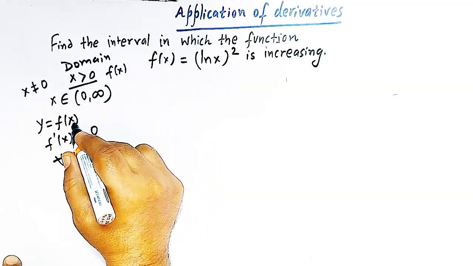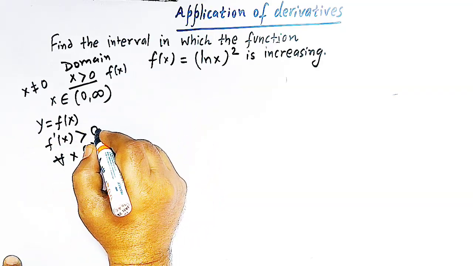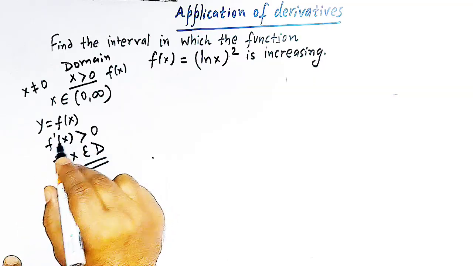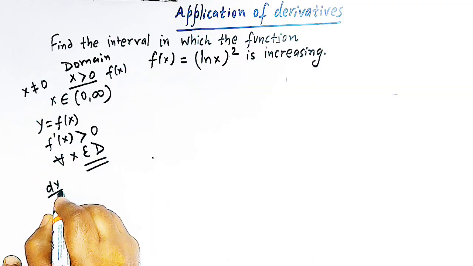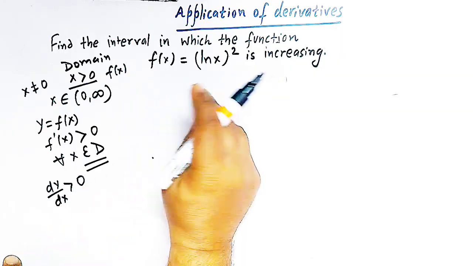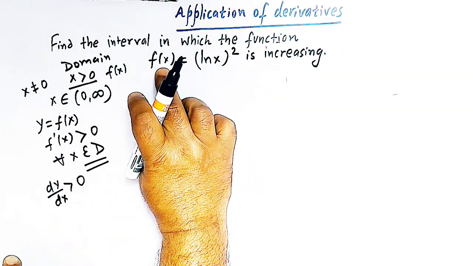So a function f of x is increasing if the slope is positive, that is dy over dx is greater than 0. Here we need to find the derivative of this function.